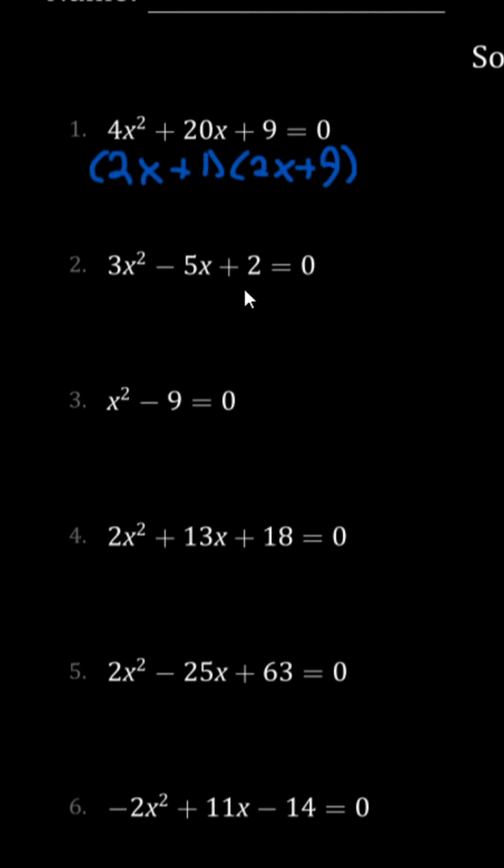3x squared minus 5x plus 2. It's probably going to be 3 times negative 2? Hold on. 3 times negative 2 would give us... That doesn't make sense. No, no. We have to get a negative 5x.